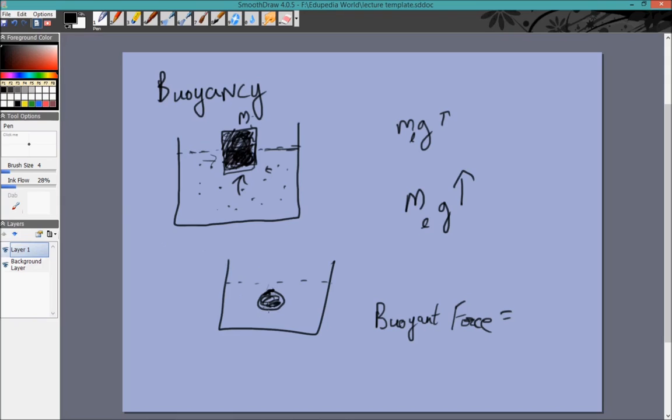And in that case, the buoyant force would have been mg upwards, which would have been equal to the mass of the liquid multiplied by g, or weight of the liquid upwards. So in any case, whether or not this is water or a rubber ball, the buoyant force is equal to the weight of the liquid displaced.